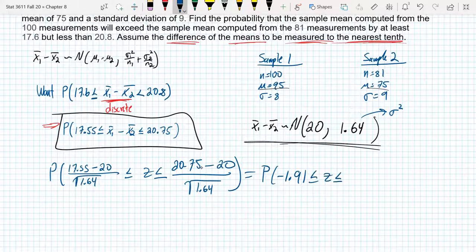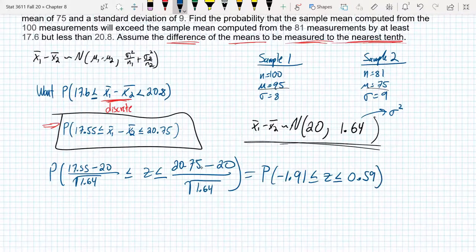And on the right, 20.75 minus 20, that's 0.75. And then that divided by the square root of 1.64, I've got 0.5856, which is going to round to 0.59 if we round to two places.